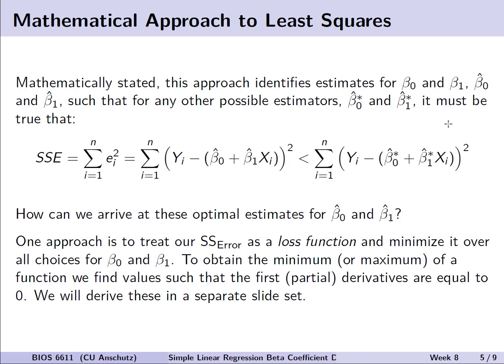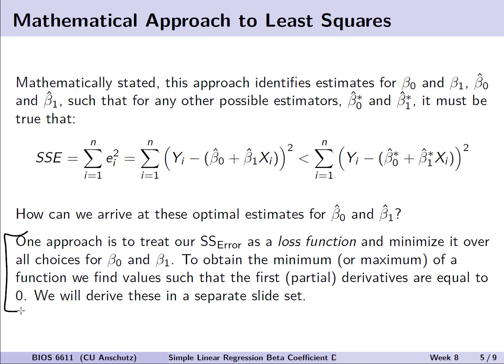The mathematical approach to doing this, we stated last time, could be done by specifying the sums of square error as a loss function and minimizing it over all the possible choices for beta naught and beta 1. In other words, using calculus with the first partial derivatives set equal to 0, which we'll do in the following slides.